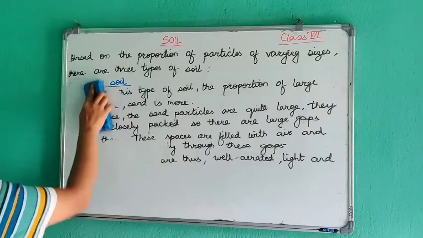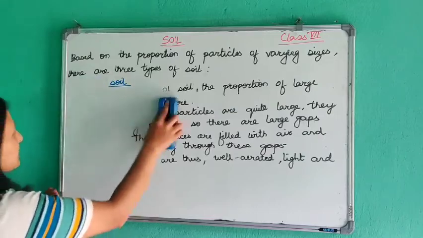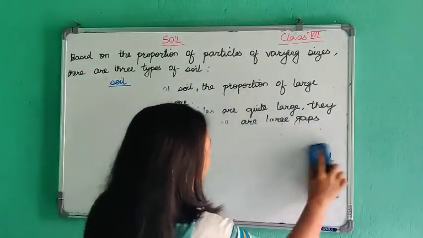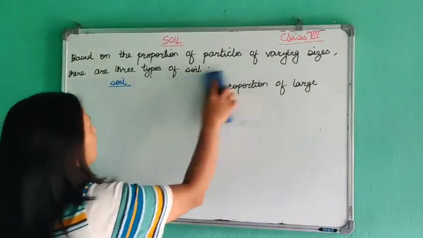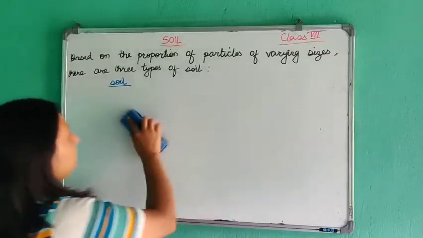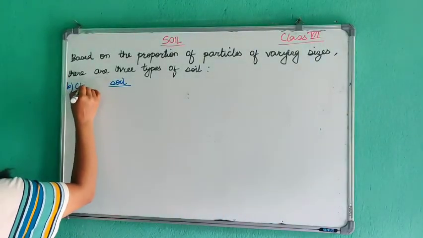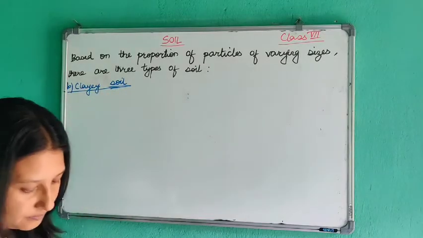Now next type of soil is known as clayey soil. अब clay भनेपछि, यसमा clay particles ज्यादा मात्रामा हुन्छ. So clay particles मसिनो हुन्छ. So मसिनो भएपछि यो particles हरू चाहिँ tightly packed हुन्छ.